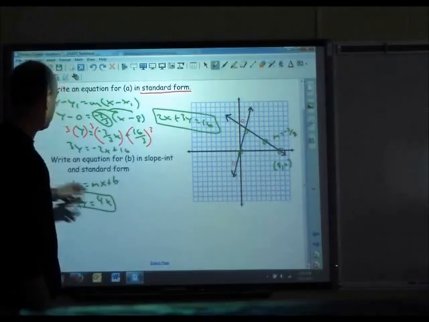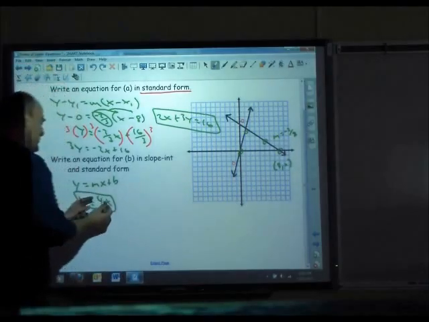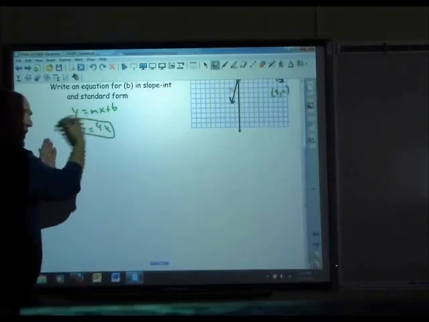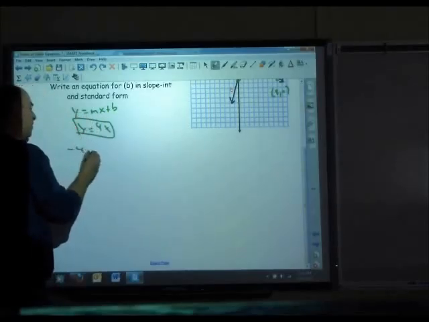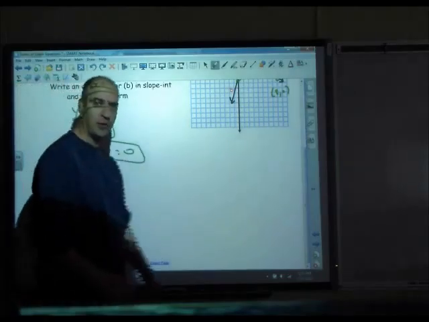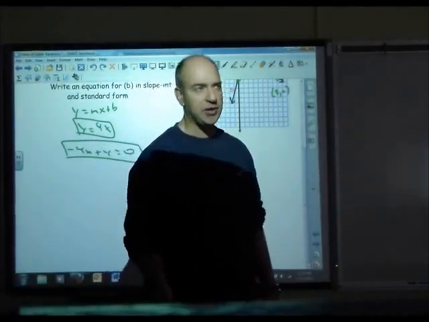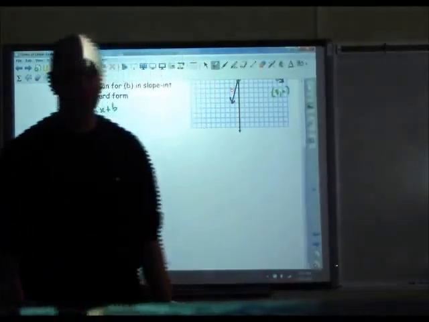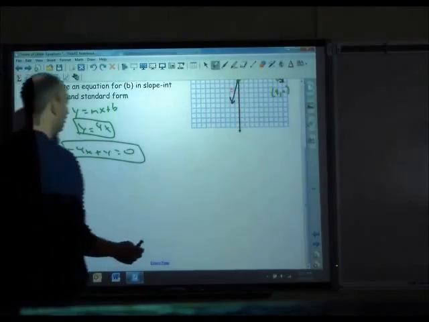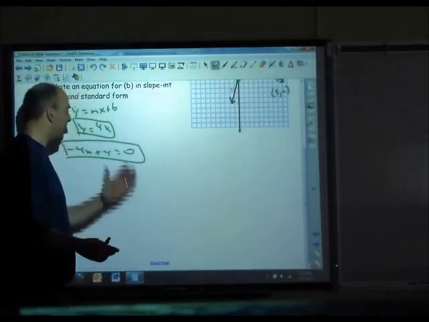Now the other part is to transfer this into standard form, which would mean bringing this 4x over here, and it turns into its opposite. So negative 4x plus y equals 0. There you go. Okay, kids, working with linear equation forms is not as hard as going to the dentist and trying to smile if you're in pain. It shouldn't be that bad.